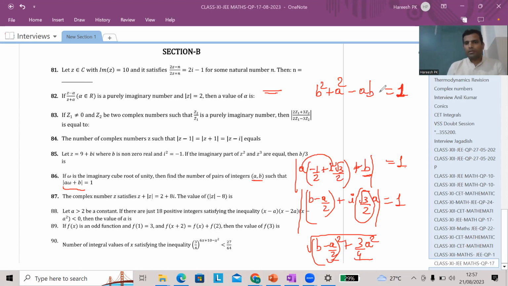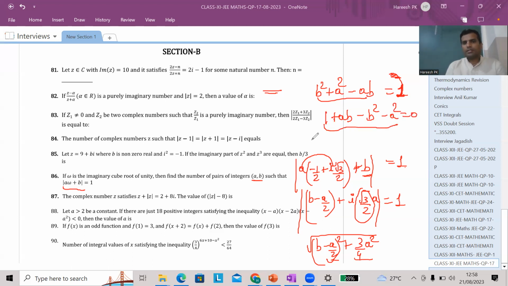Or if I take everything to this side, let's write like this: 1 plus ab minus b square minus a square equal to 0.